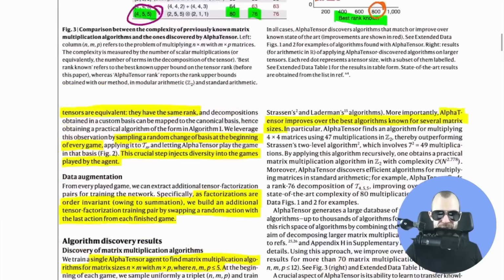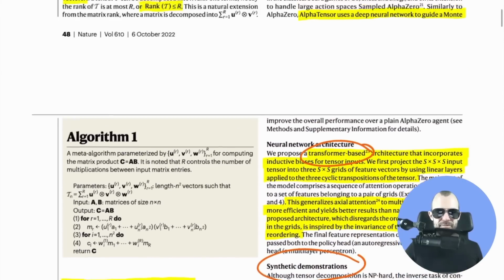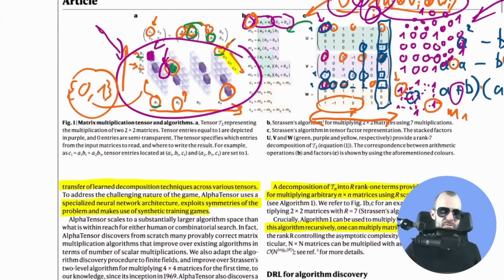So to summarize, they built this game, and the same agent, by the way, plays all of these games. The same agent trains to multiply 4x3 matrices, 5x5 matrices, and so on. There's significant transfer learning happening. So they train one agent that does nothing else but start out with a problem like this, augment it a little bit, and then try to find a decomposition. It may fail, it may succeed, it learns from it, it tries again. That's a single player game.